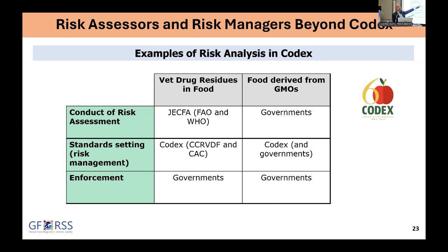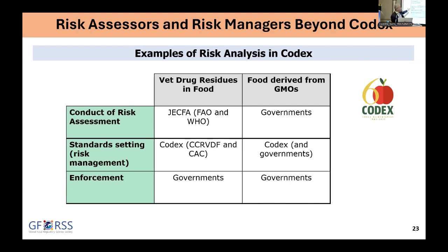Who does that in governments? Your own risk assessment body will be able to do the risk assessment. At the national level, you will be doing that within your own food safety authority or competent authority.